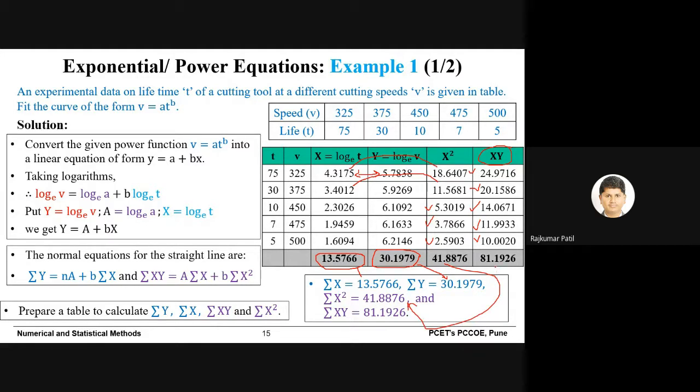And summation xy is 81.1926. So just take the sum of the values of x to get its summation. Similarly, you can take the summation of y, summation of x square, and summation of xy. So this is a very interesting process where you can calculate all the unknowns from the normal equations.